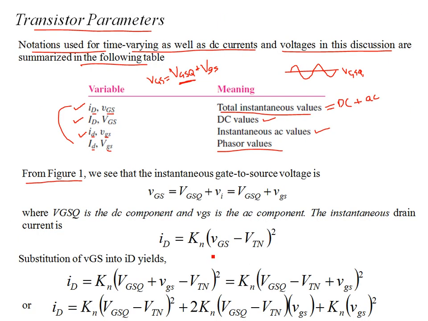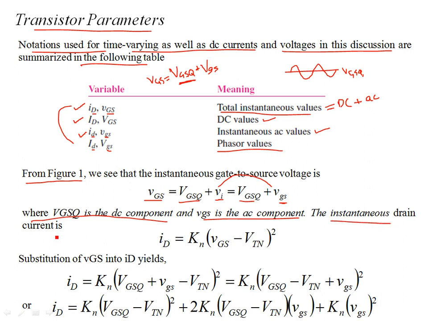First, the total instantaneous gate-source voltage is the DC plus the AC. We have said that this can be replaced by small v with subscript gs, which is an AC quantity, while VGSQ is the DC component and vgs is the AC component.